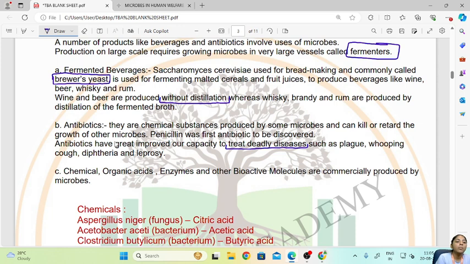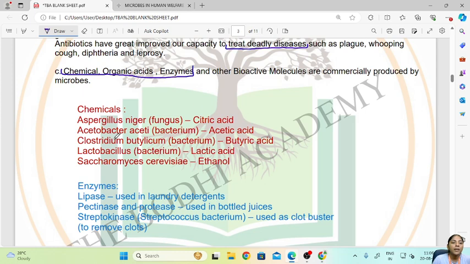Then talking about the third one, that is chemicals, organic acids and enzymes. Now these are also commercially produced by microorganisms. First talking about chemicals. A fungus called Aspergillus niger is used to produce citric acid.